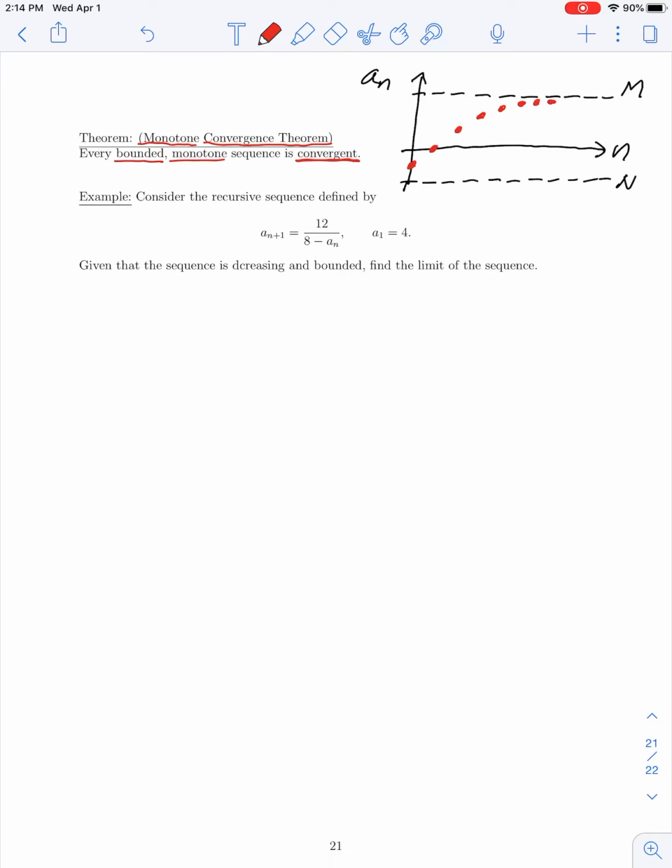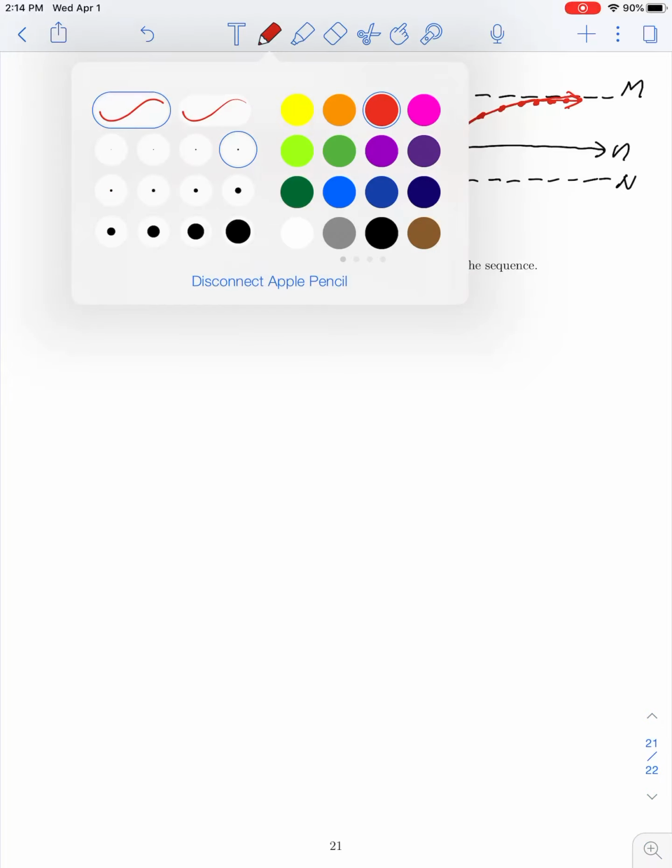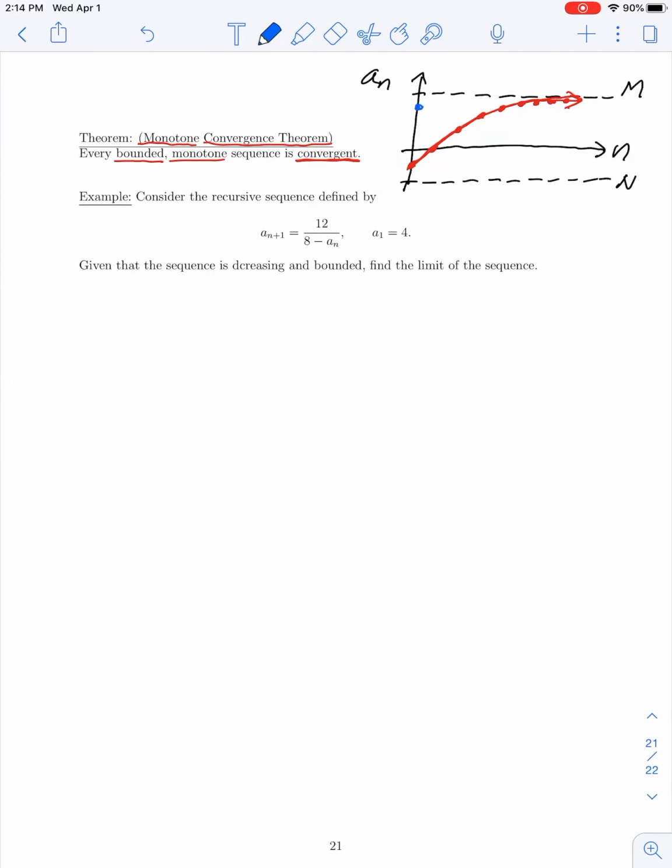If we were to plot the terms of our sequence, let's say for a general discussion that it is increasing, so for n equals 0, 1, 2, 3, and so on, the terms of our sequence are increasing, but we know that they never lie above this upper bound capital M. Well, we see that as n is increasing, the terms of our sequence are converging to this upper bound.